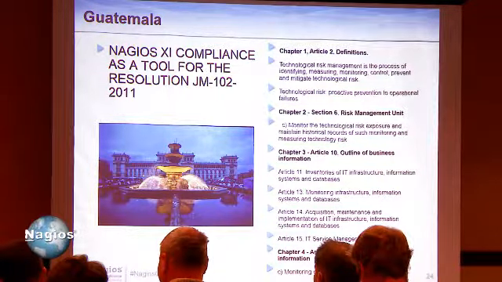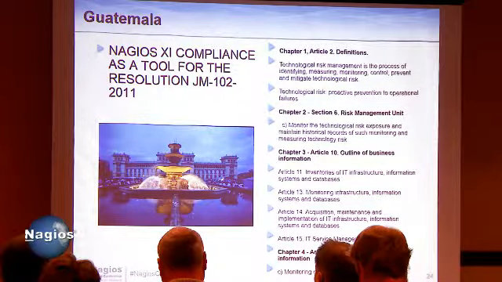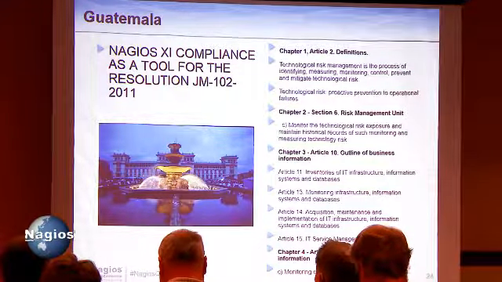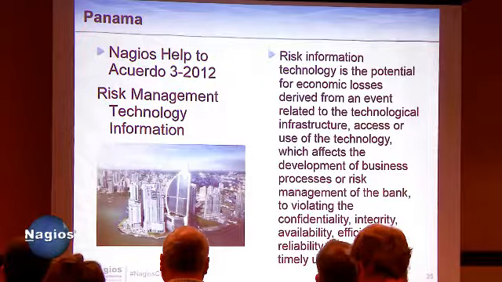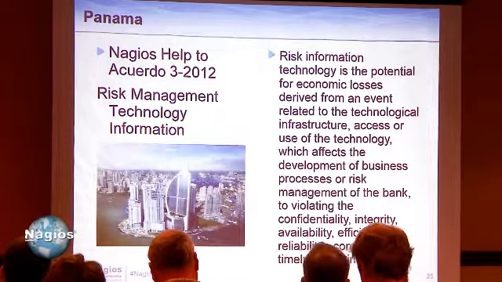Now, 11 use Nagios, and more for this resolution. Okay, in other countries, Panama has a similar law, Acuerdo 3/2000 on technology risk management, which is similar, and Nagios helps to comply with this government law.